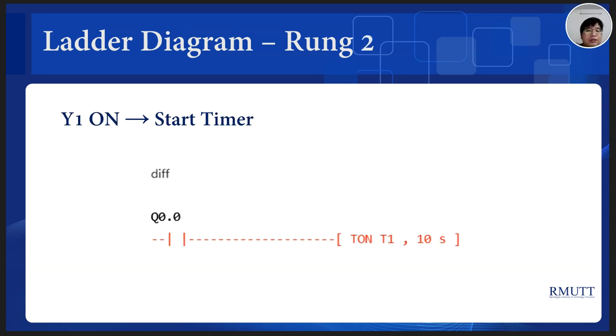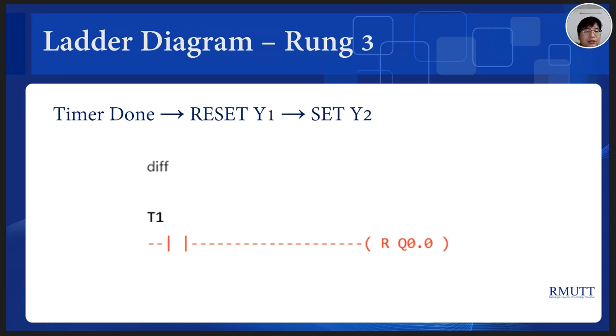Rung 2 controls the timer. When Y1 is on, the timer starts counting. The timer ensures that the piston extends for a fixed duration.